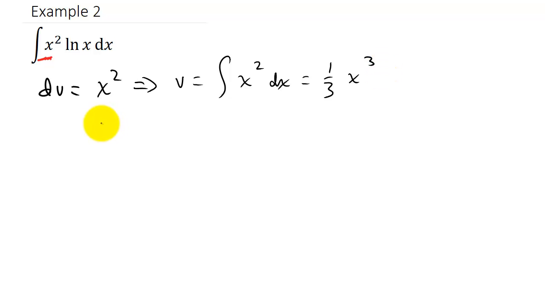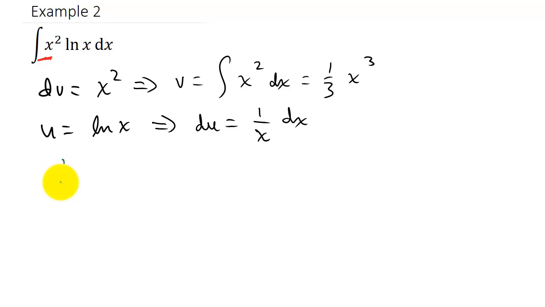Okay, and then we're going to let u equal the natural log of x, and so that would mean du is equal to, and then remember the derivative of natural log of x is 1/x dx. Okay, and now we can do our integration by parts.